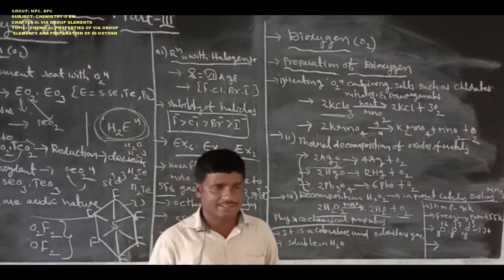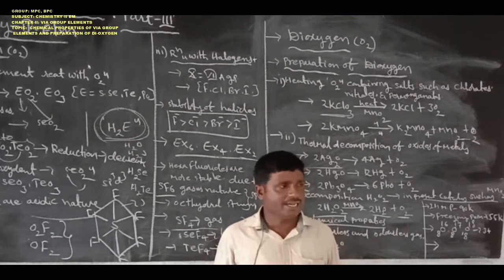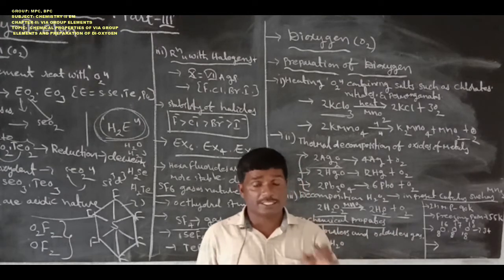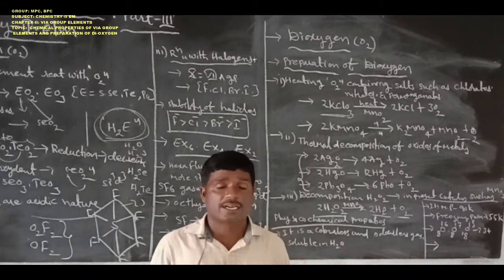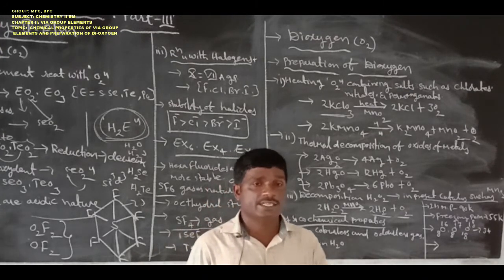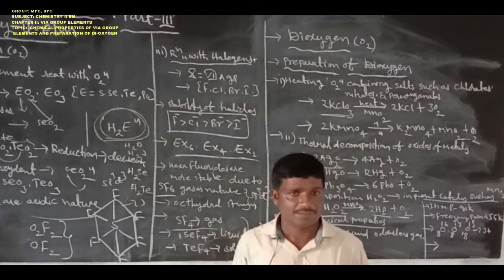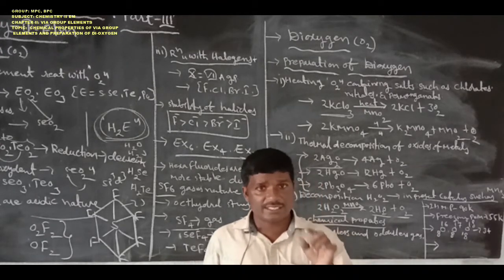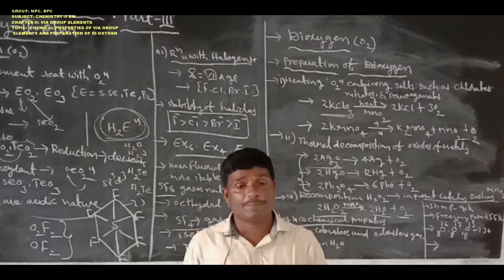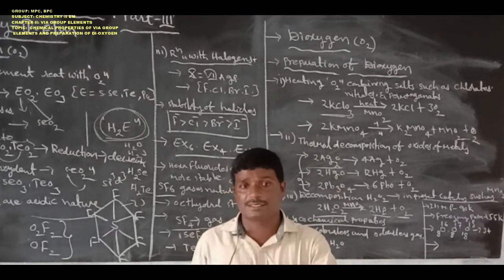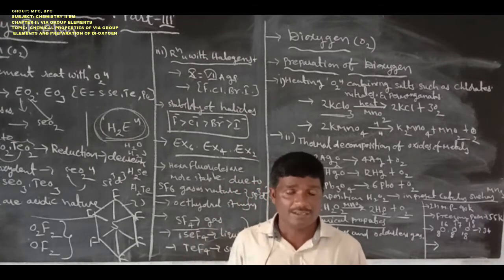Next, the uses of dioxygen. Dioxygen is used in the respiration and combustion processes. Oxyacetylene is used in welding, and in the preparation of metals in industry.